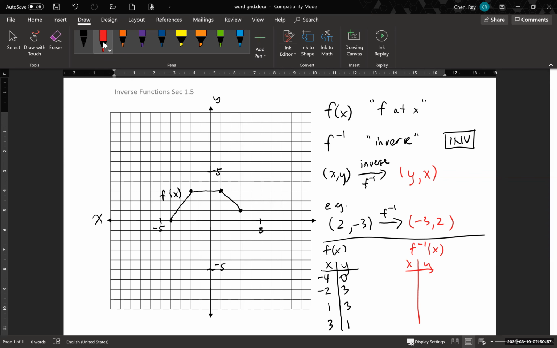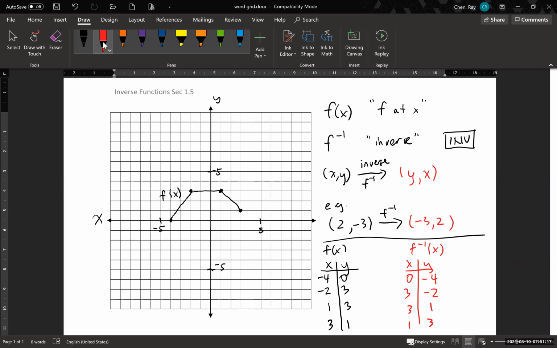So what do you see? Notice that negative 4, 0 becomes 0 and negative 4. And I'm just going to finish this off so everyone can see it. Now, what's the most important part of this is visually seeing that new inverse.